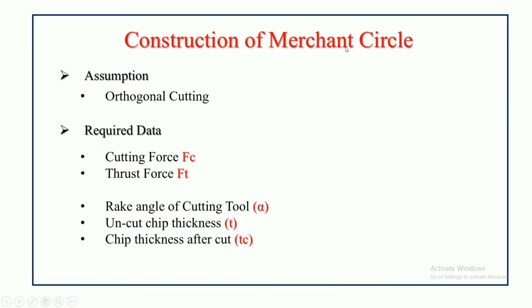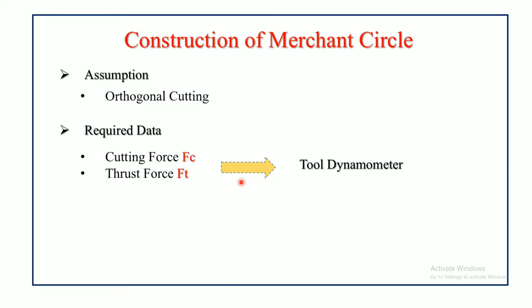Let us come back to the construction of the merchant circle diagram. To draw the merchant circle diagram, there is some required data. The cutting force and thrust force are required to draw it, and these are measured by means of a tool dynamometer.